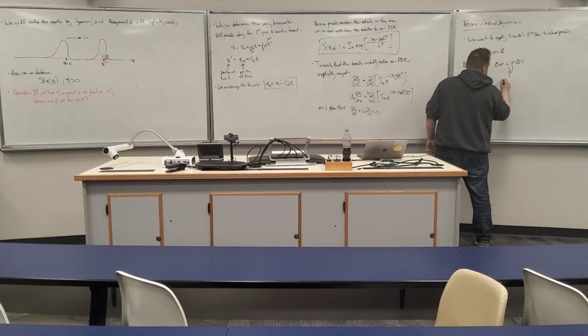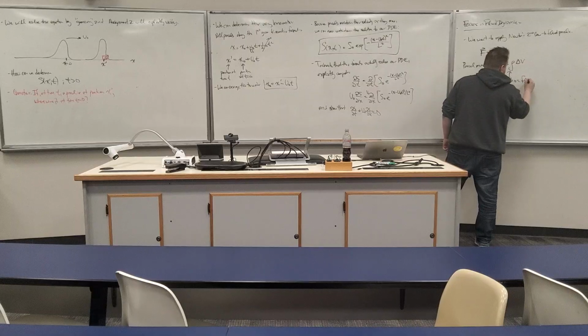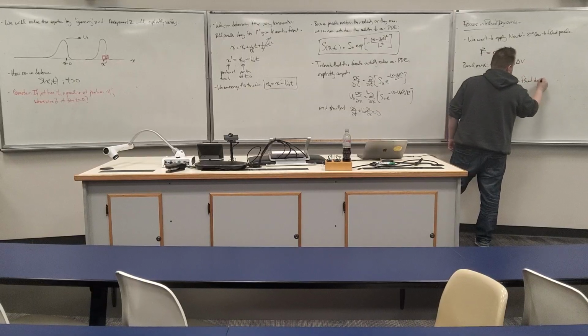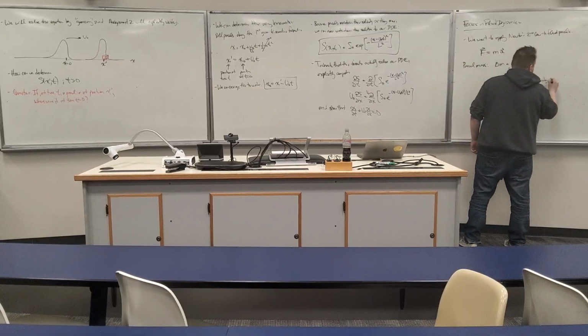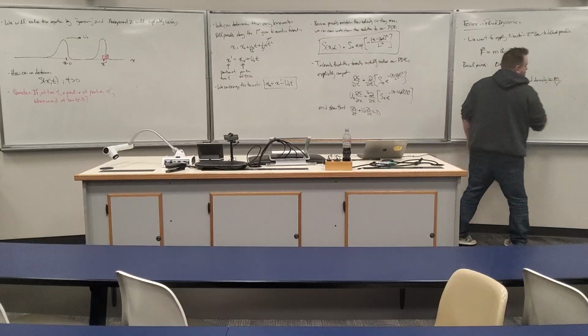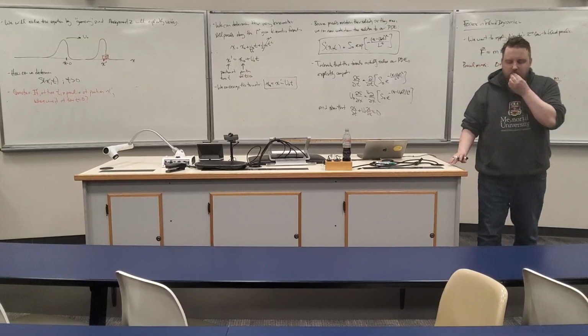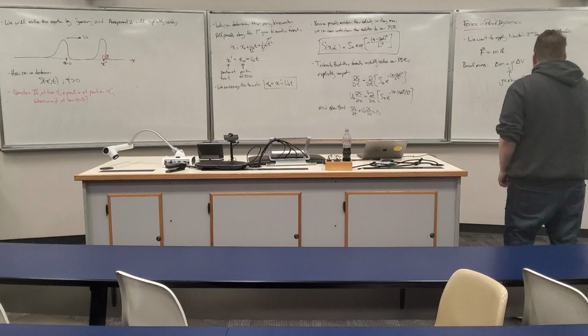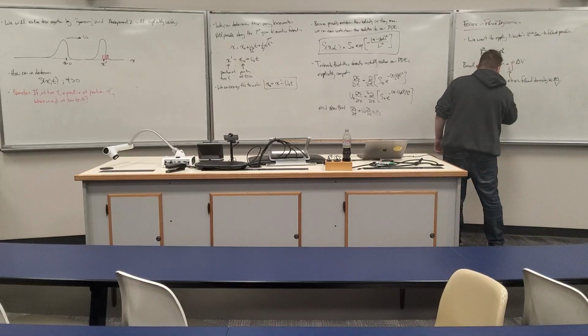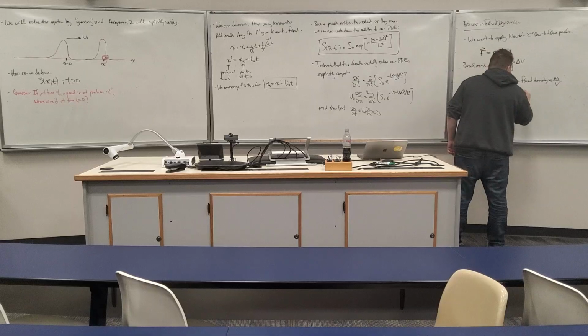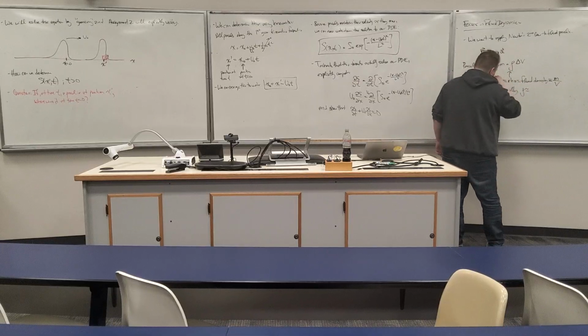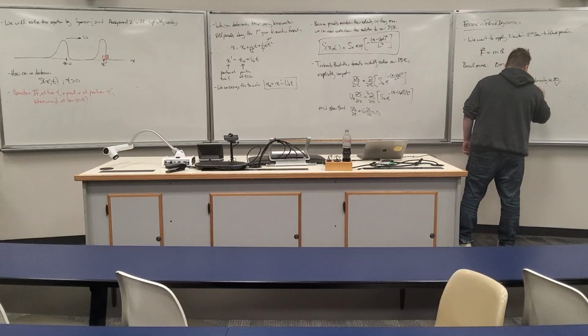So rho here, Greek letter rho, that's the fluid density, and that's defined as the mass divided by the volume. So typically, rho for seawater is roughly 1,025 kilograms per meter cubed.